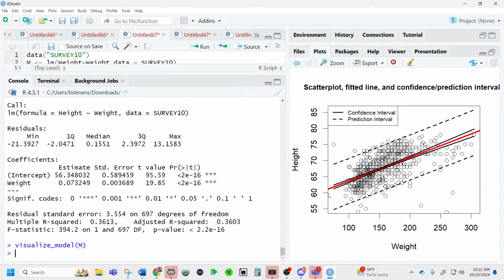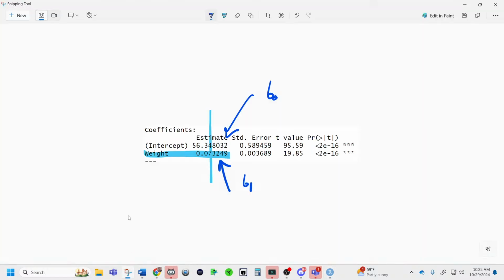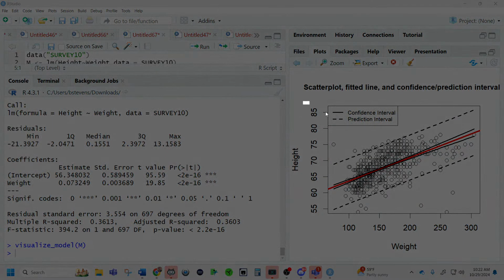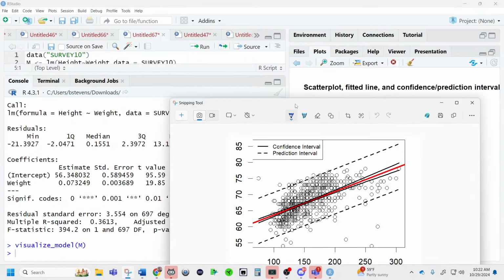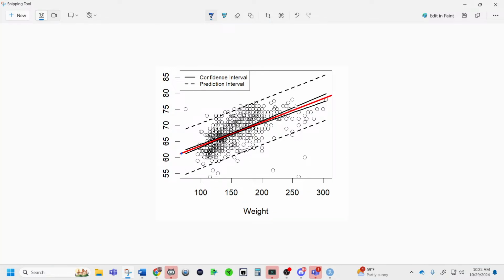Notice here, and I wish it extended all the way, but if we were to extend this line down further, where do you think this line would hit where 0 is at? If 0 is going to be about here-ish, where do you think that line would hit the y-intercept?